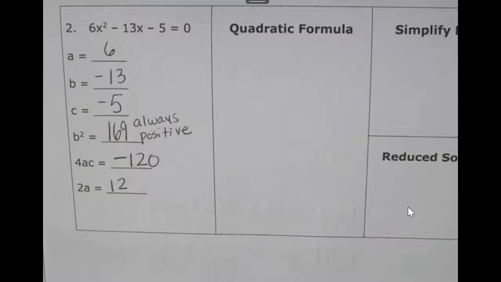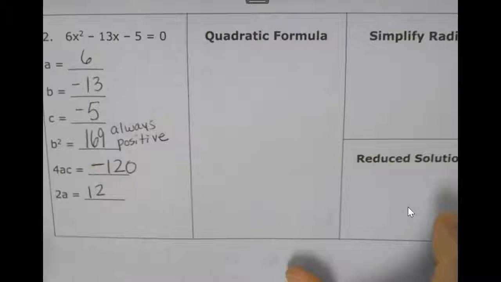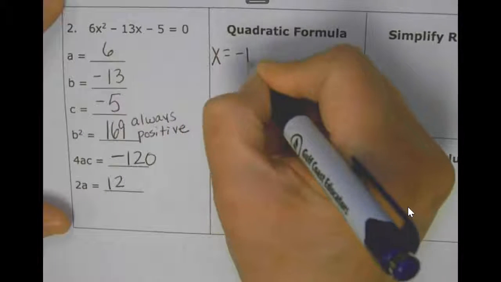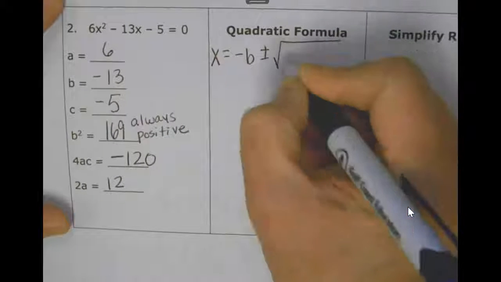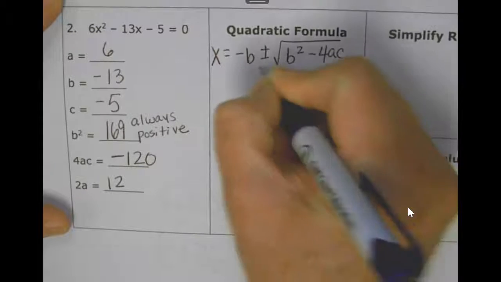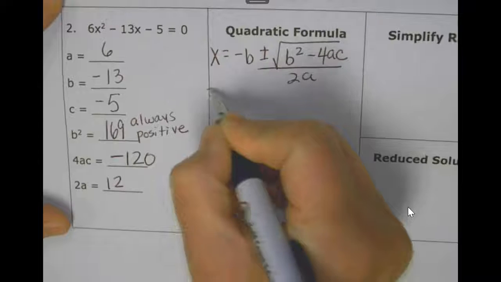This chart is to figure out all the pieces so that you can plug them into the quadratic formula easier. The quadratic formula is minus b plus or minus square root of b squared minus 4ac, all divided by 2a.